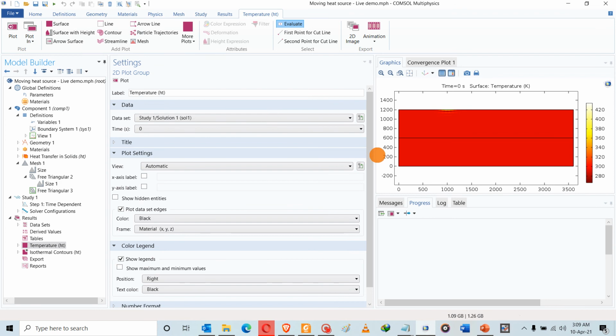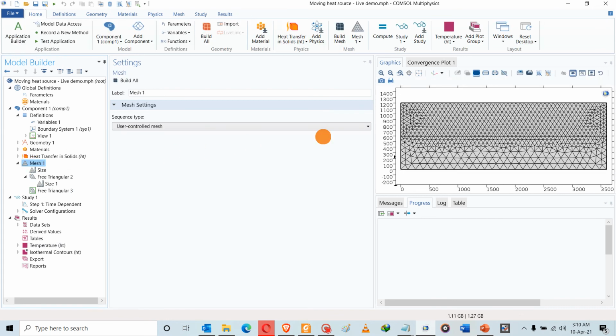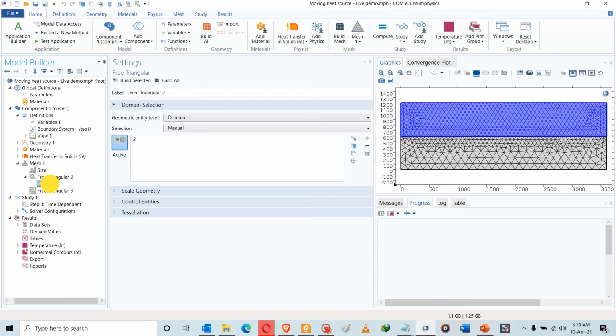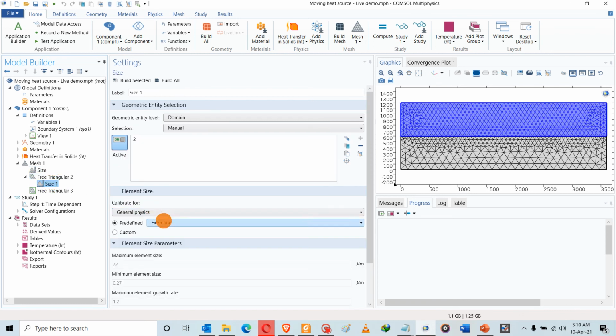The simulation has completed. I had to change something a little bit. I had to make the mesh a little bit coarser so that the computation was a little bit faster. I changed here, made the mesh finer, and here I made the mesh extra fine and used a predefined option instead of customizing it.